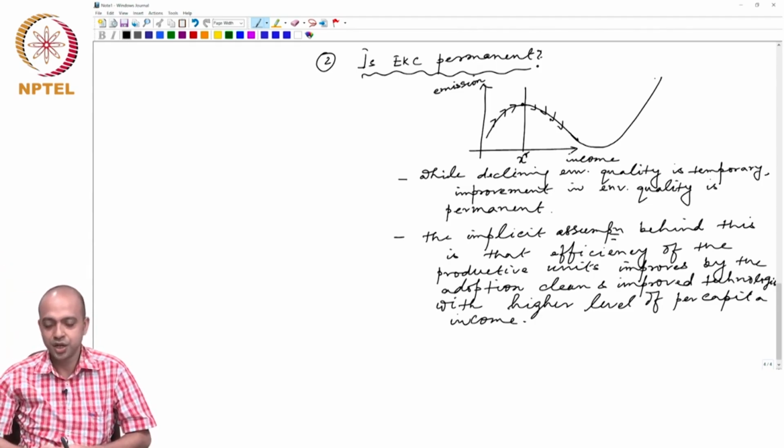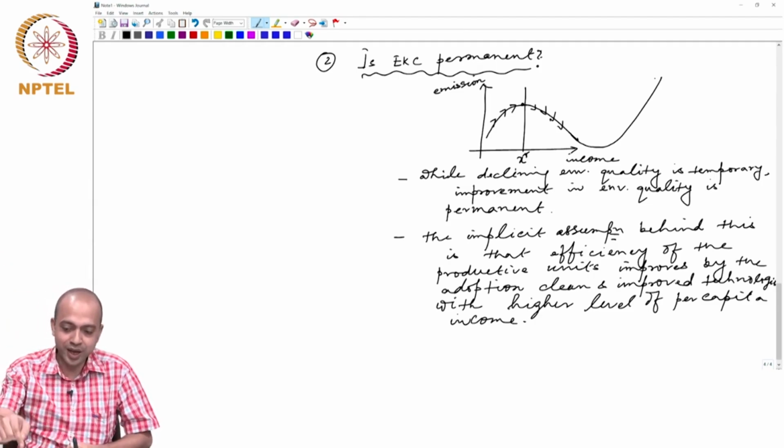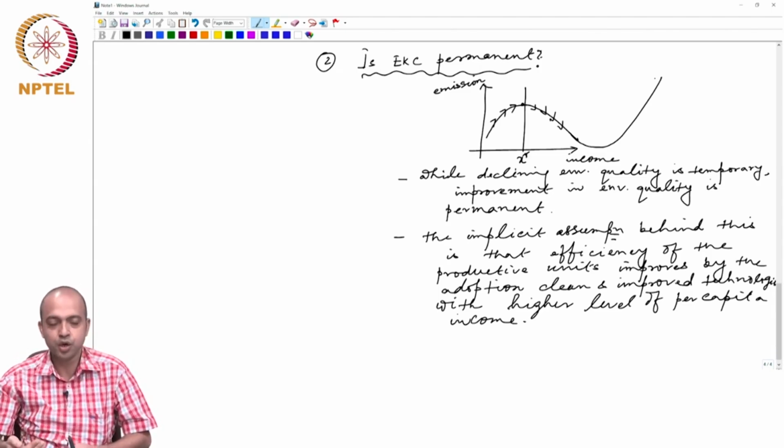in that EKC. That means what we assumed earlier, that the fall in emission or the downward sloping portion of the EKC is permanent, is actually not true. Okay, which is actually not true.